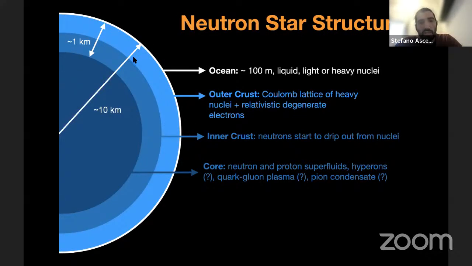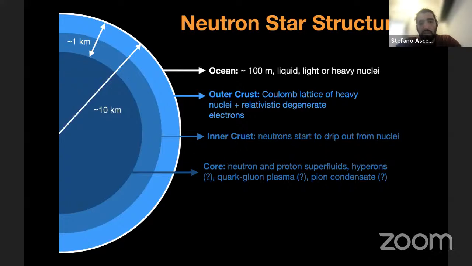And going toward the center, the density increases, which makes electron capture more favorable, and so the nuclei become more and more neutron rich, until we arrive at a certain point, at a density which is of the order of 10^11 grams per cubic centimeter, where the neutrons start to be expelled from the nuclei, and here the inner crust starts, where we can find also free neutrons.